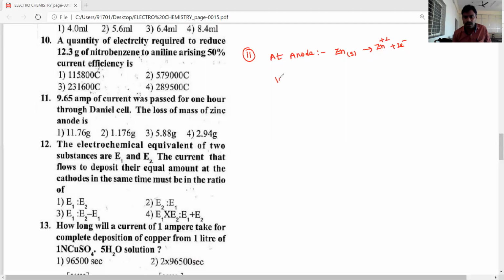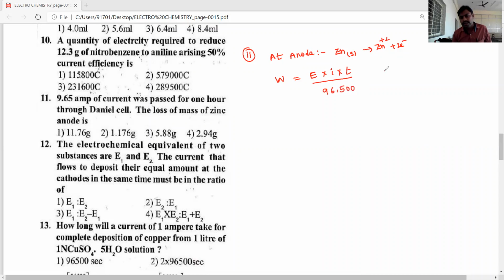The weight loss of zinc in the Daniell cell is W equals E into I into T, with T in seconds, divided by 96,500.